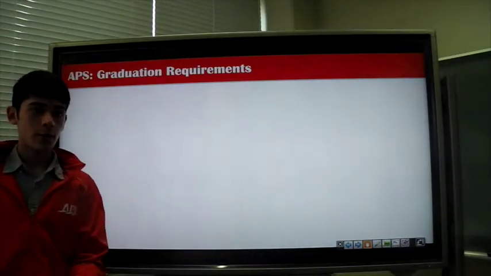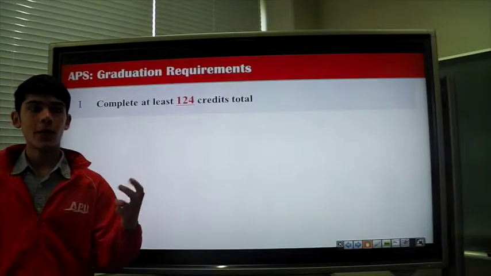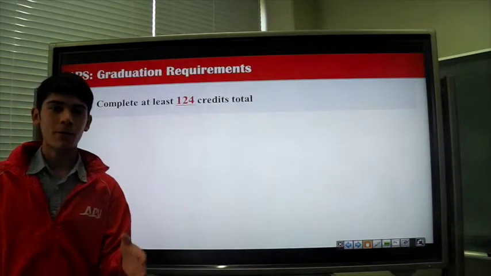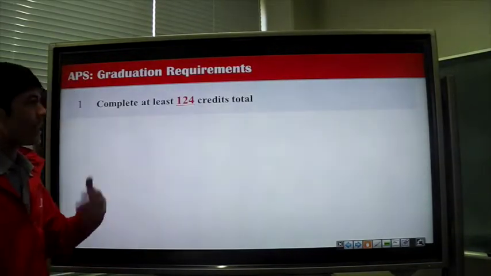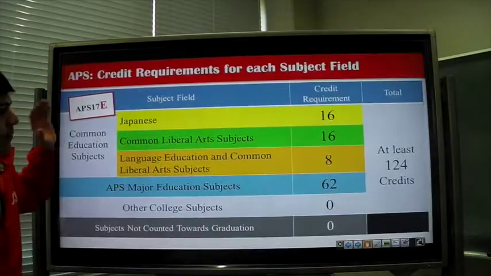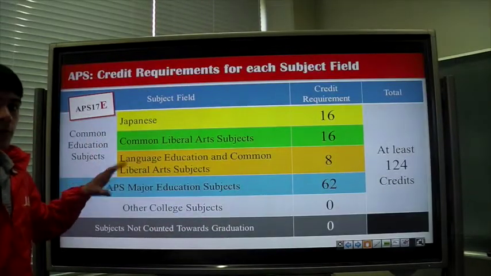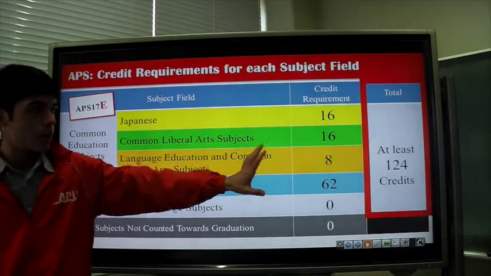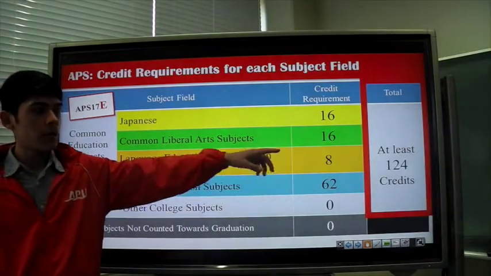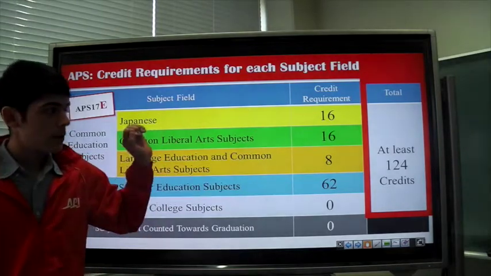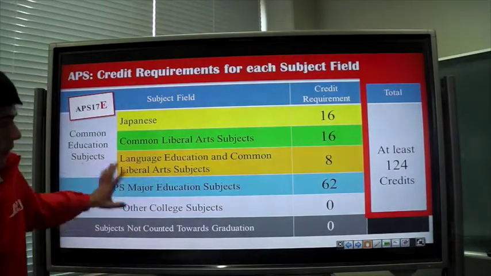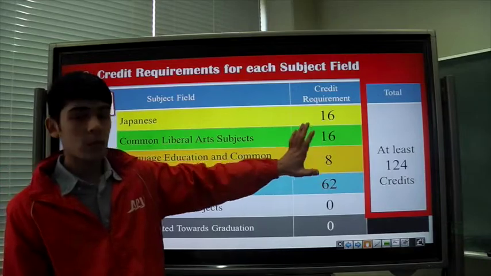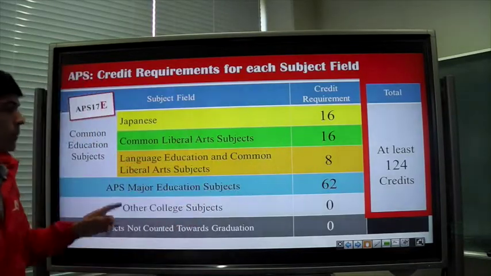So let's move on. The first one, complete at least 124 credits total. I know I'm repeating again and again. However, I will use this graph to explain more easily. This is our graph, and the total number of credits should be 124.